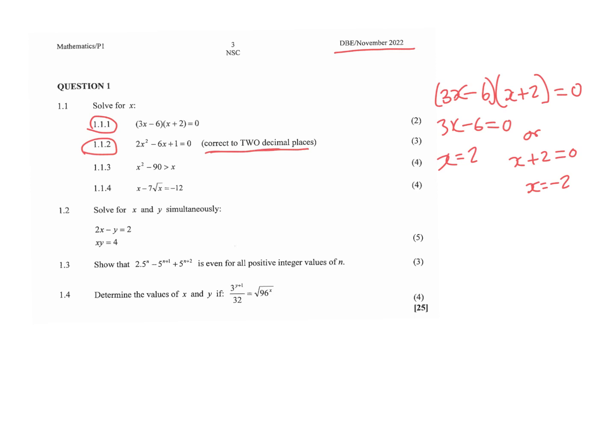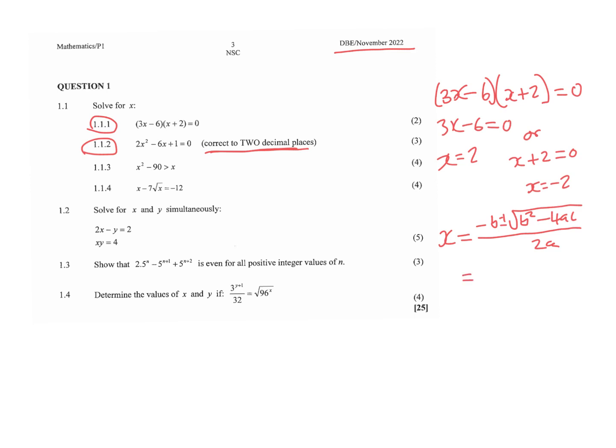When you see that, you know that you should use the quadratic formula. So the quadratic formula is given as x = (-b ± √(b² - 4ac)) / 2a. Then you just substitute.